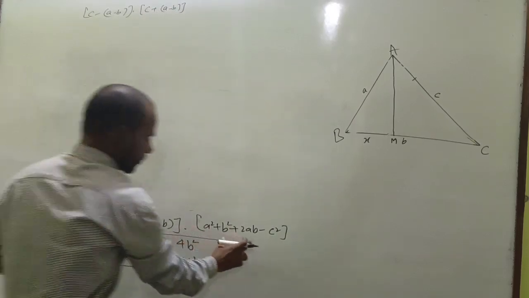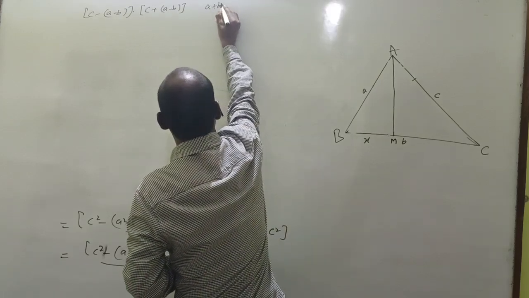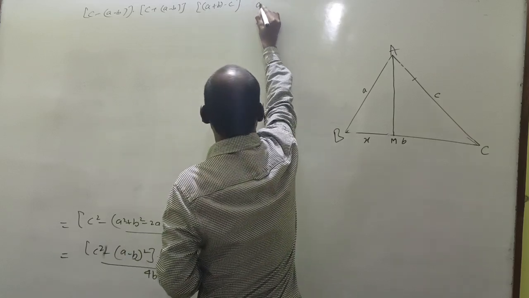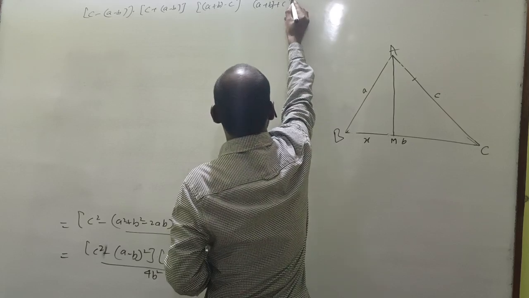Factor of this one, and this factor of this one is a plus b minus c into a plus b plus c.